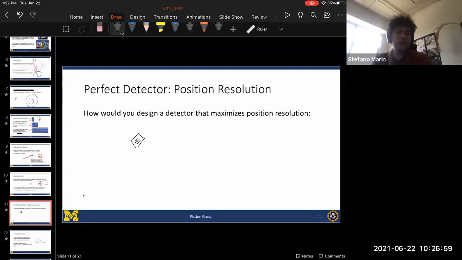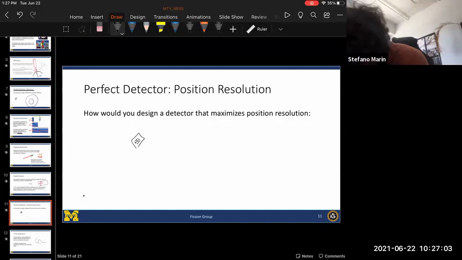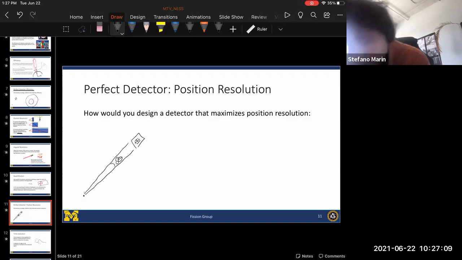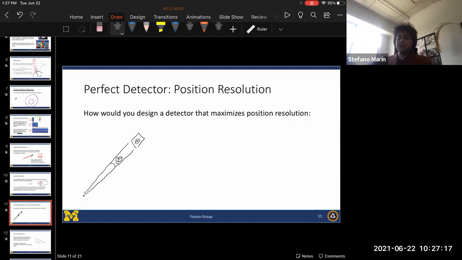This would also optimize the angular distribution, because then we know that the particle could have only gone within a very small directional spread. And you can imagine that there's going to be an extra dimension that gives us the azimuthal angle. So we know that this type of configuration, with a single detector very, very far away, is going to give us a good position and at the same time a good angular measurement.